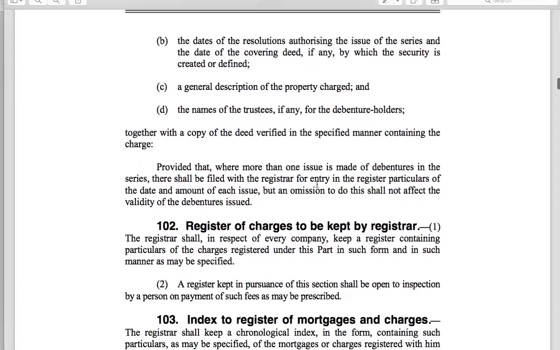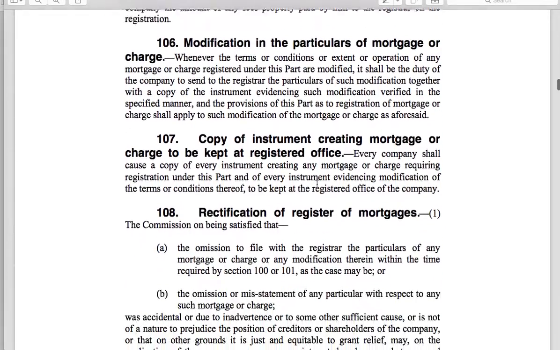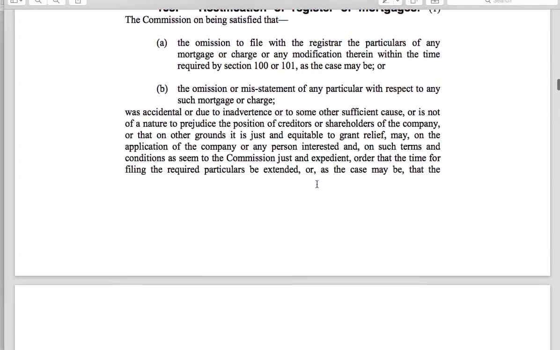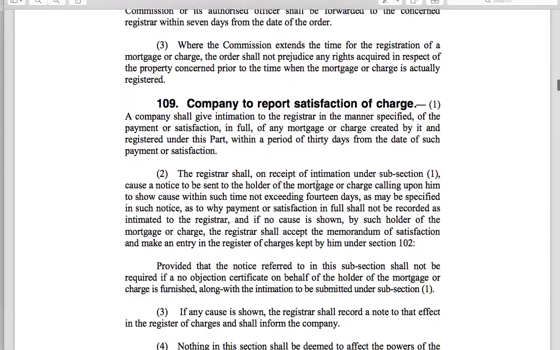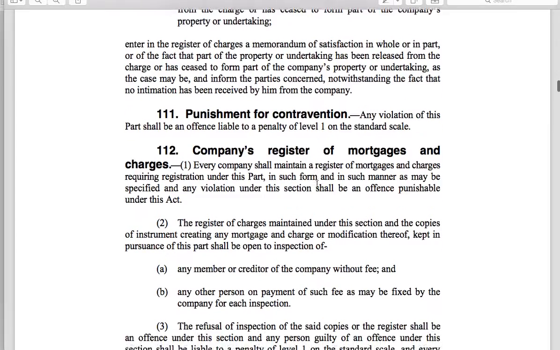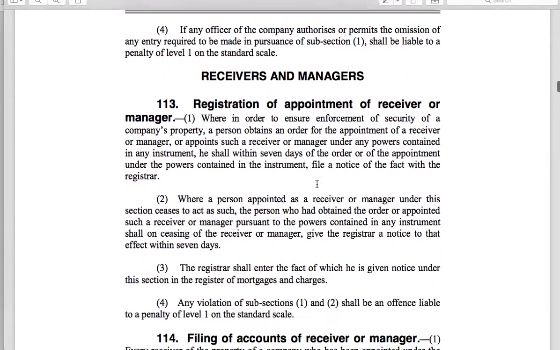And then these are the different sections which deal with how those documents will be registered, who will get the copy, if there is some rectification or change, who will make it, what is the power, and once the mortgage is paid off, how the company will remove it from its name.